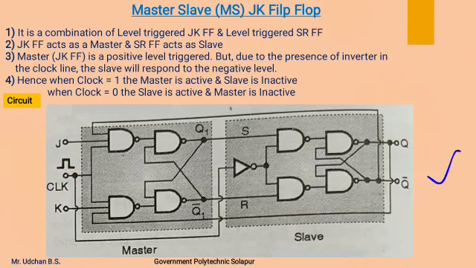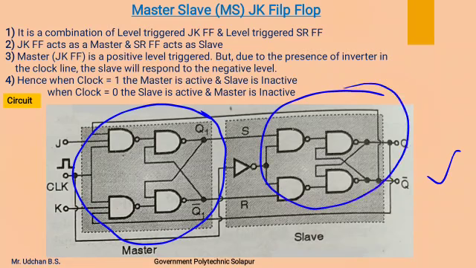Now this is the block diagram of the master slave JK flip-flop. It is the combination of a level triggered JK flip-flop and a level triggered SR flip-flop, in which the level triggered JK flip-flop acts as the master and the level triggered SR flip-flop acts as the slave.